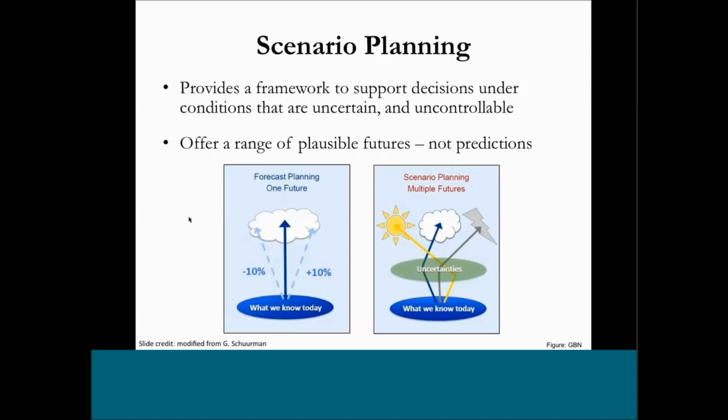The idea is not to predict what might happen or assign probabilities to possible futures, but rather to ask what the range of plausible future conditions we might be facing is, and how we can adjust our planning efforts or management actions to meet those futures and still achieve our goals.